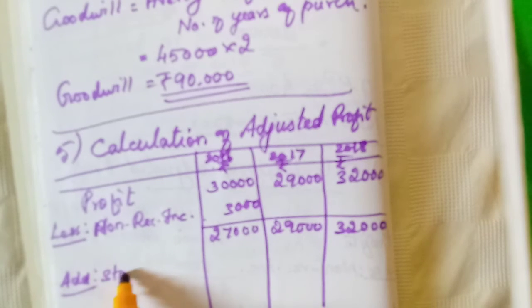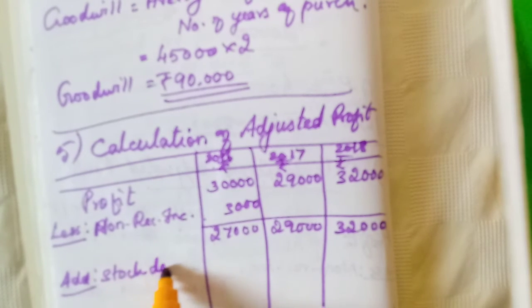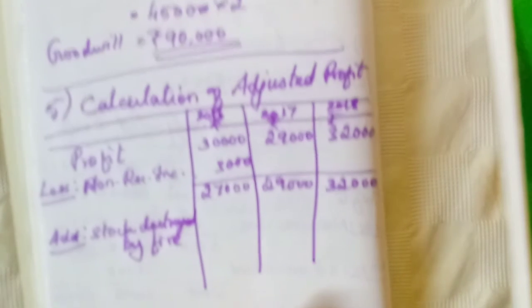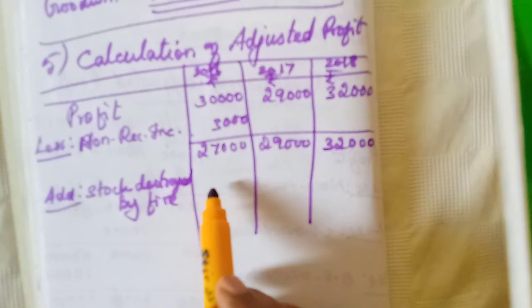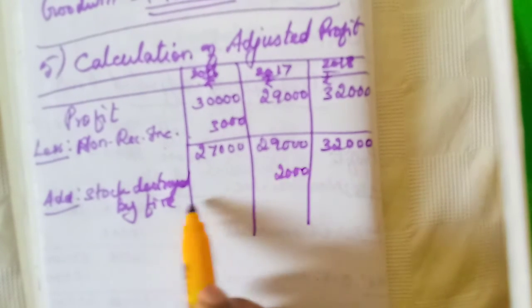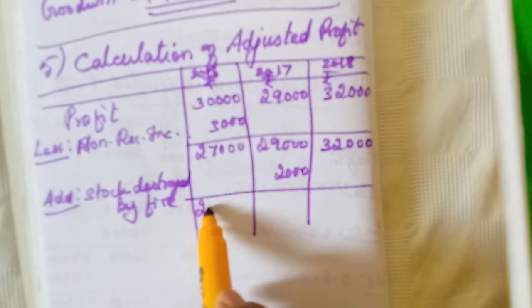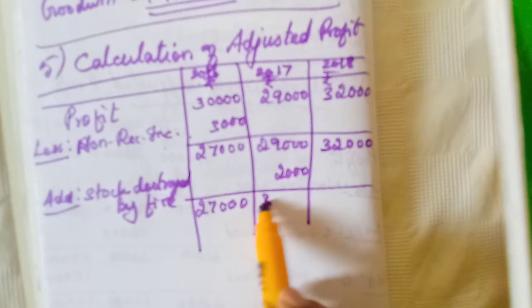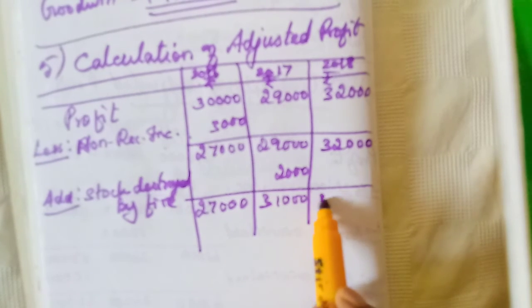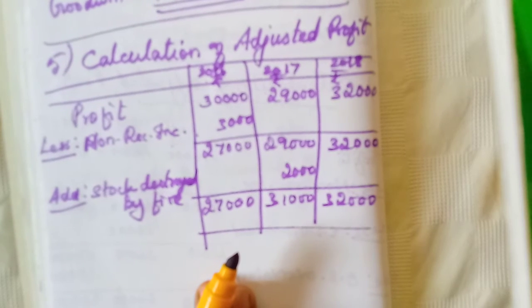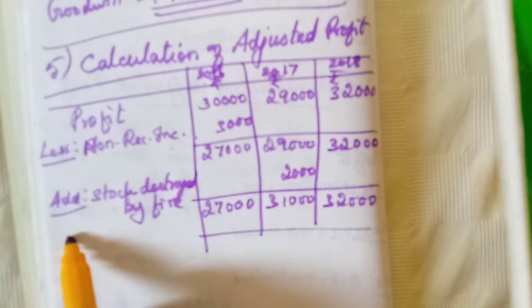Stock destroyed by fire, 2,000. 27,000, 31,000, 32,000. We have got the adjusted profit, isn't it?